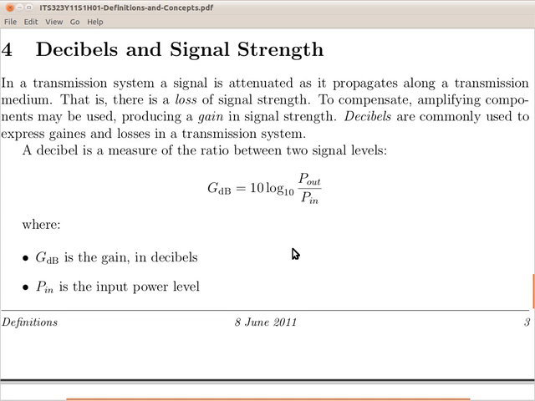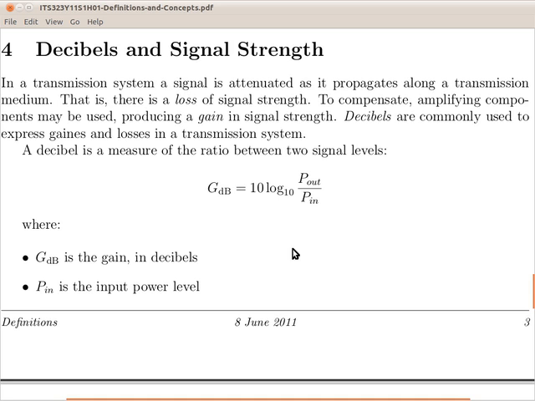What's our gain in decibels? Again, we take the logarithm of this value. The log of 10 to the minus 3 is minus 3 multiplied by 10, minus 30 dB.